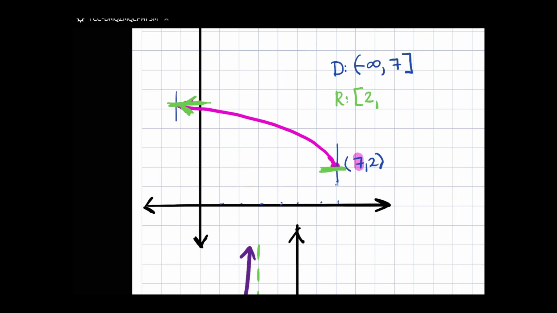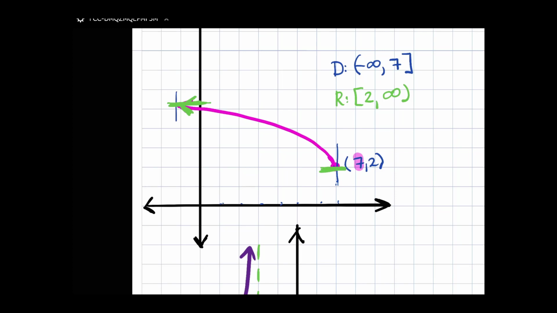It is pointing to the left, but for range we're going from bottom to top, so it's also pointing up. That means it's going to positive infinity. Even though it's going left, it's still going up. And when we're talking about y's, going up is positive infinity.